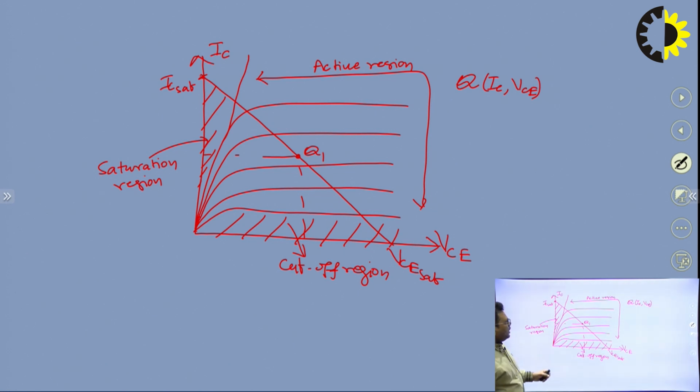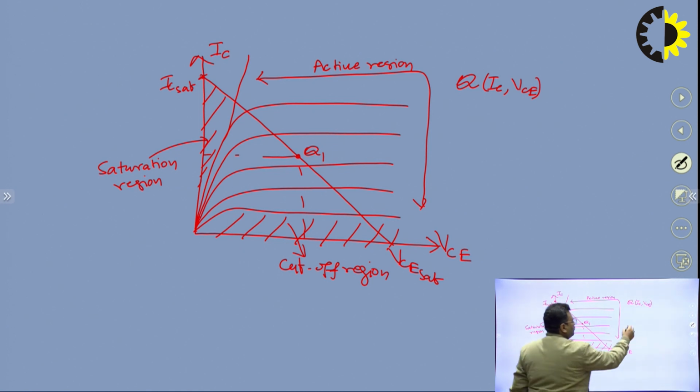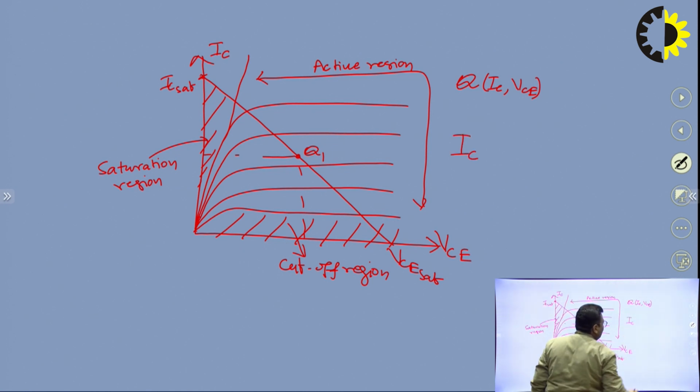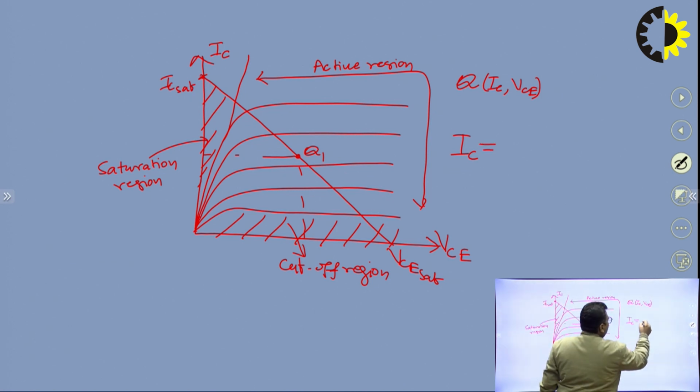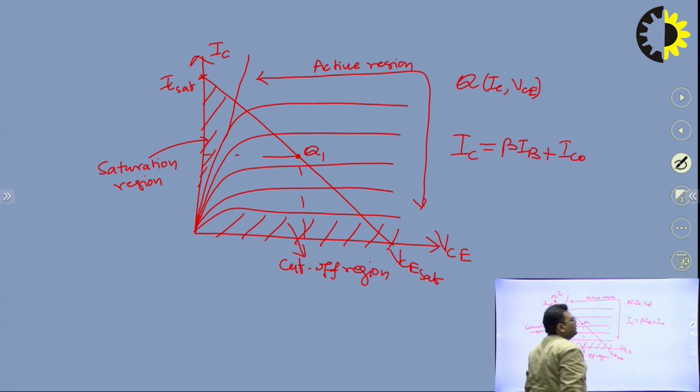As we know, the output current equation of the common emitter configuration can be given as IC is equal to beta times IB plus ICO, right? IC is the output current, beta is the gain, and IB is the input current, and ICO is the saturation current.